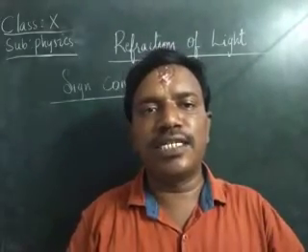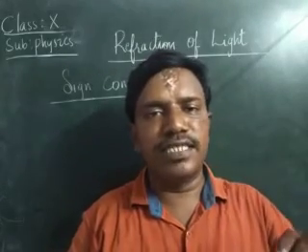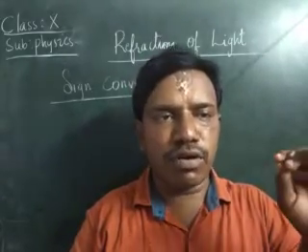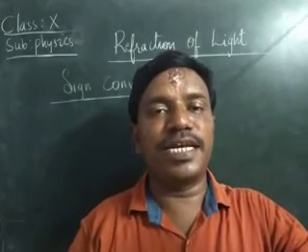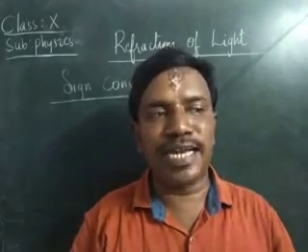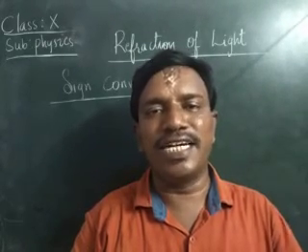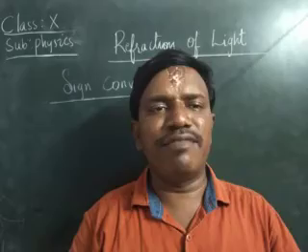Distances measured in the direction of incident light should be taken as positive, and distances measured opposite to the direction of the incident light should be taken as negative. Above the principal axis it should be taken as positive, whereas below the principal axis it should be taken as negative.